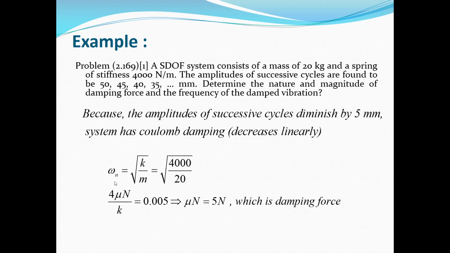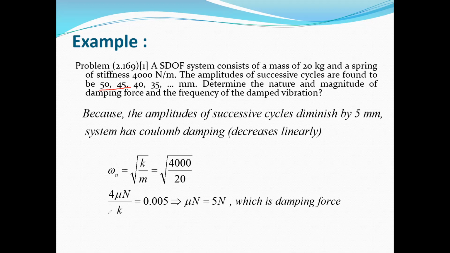in the system, which is equal to mu times N, can be calculated from the amplitude decrement. In each cycle, the amplitude is decreased by 5 millimeters.